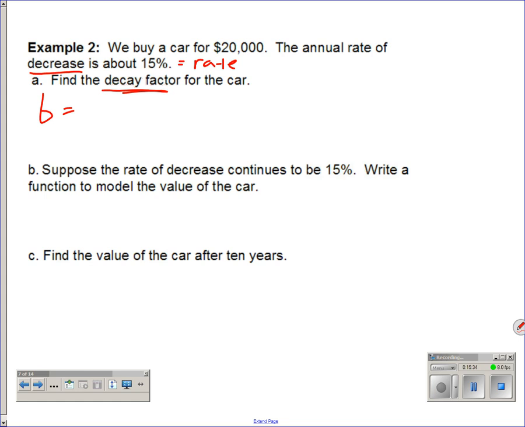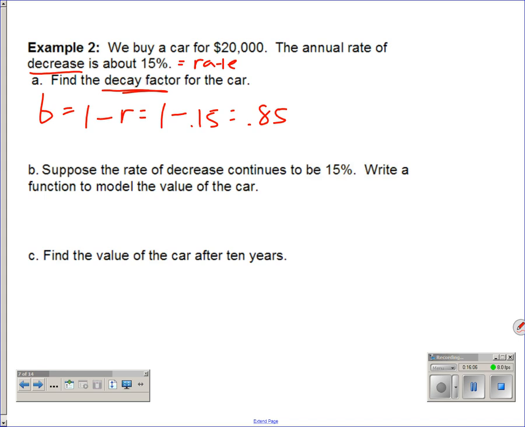So since this is decreasing, we find that by doing 1 minus our rate, or 1 minus 0.15. So basically that's 85%. What I'm saying is that after a year, since we're talking about annual, we have 85% of the value of the car. It decreases by 15%, I'm left with 85% of the value. You see the difference?